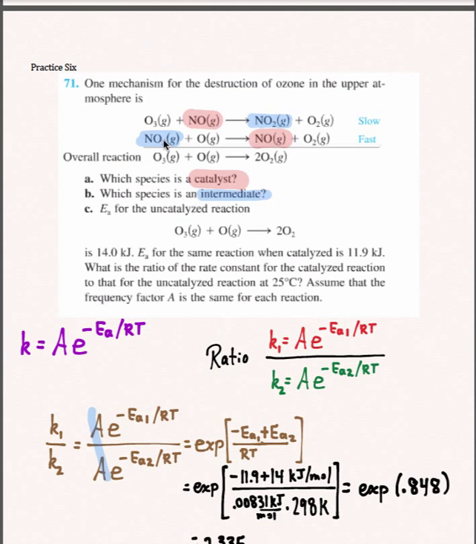So activation energy for the catalyzed, activation energy for the non-catalyzed, and I have the gas constant in energy units and the Kelvin temperature, and the A terms cancel. The ratio of the rate constants comes out to 2.335. The rate constant for the catalyzed reaction is 2.3 times larger, which means the reaction goes faster.